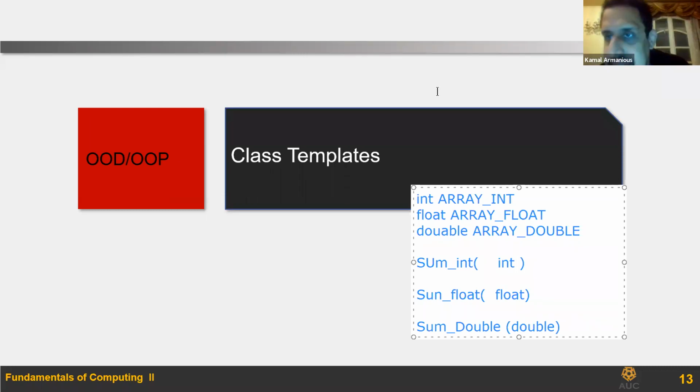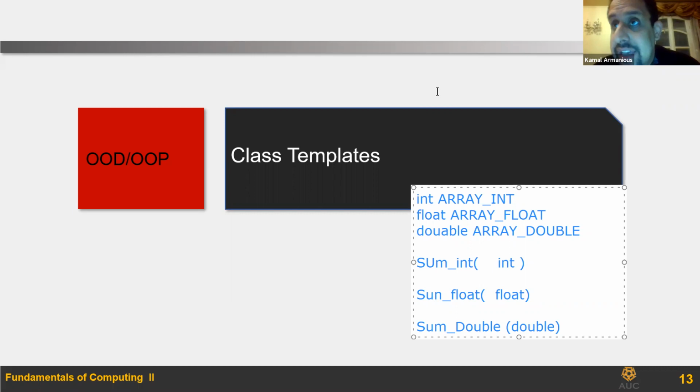So class template is based on the idea of generic programming, which means that the class functions and attributes, based on how I call them, they will act upon.